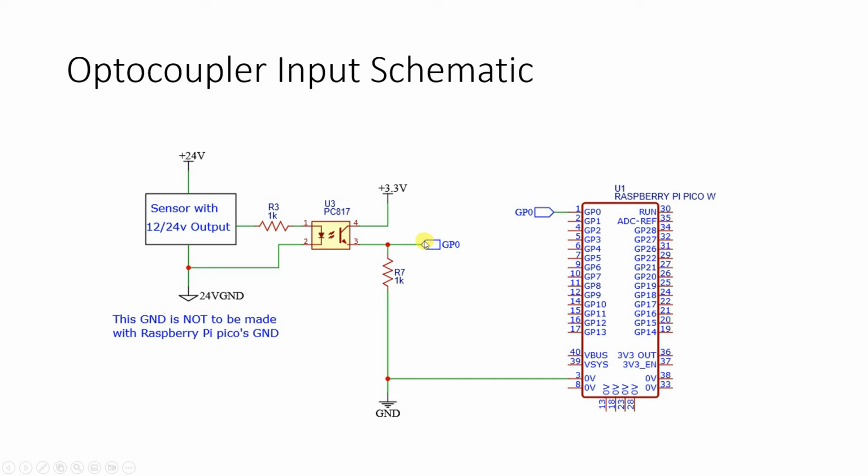This GP0 is an indication. You can have as many optocouplers as you want and you can use any general purpose input output pin as you want. This is a very important lesson and this is highly needed whenever you are using any industrial devices, any industrial appliances to interface with your microcontroller.